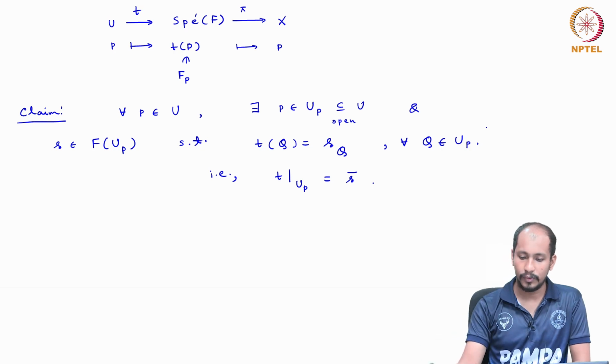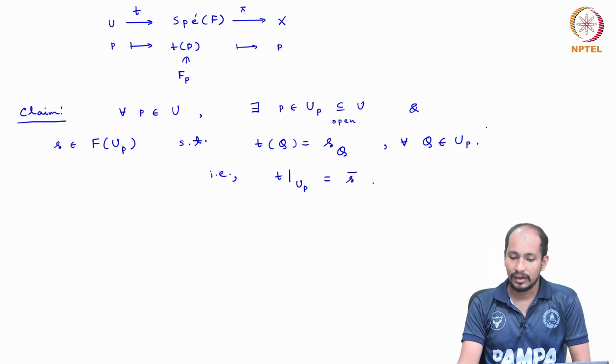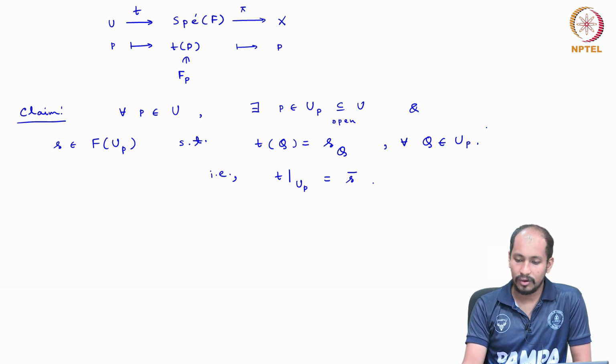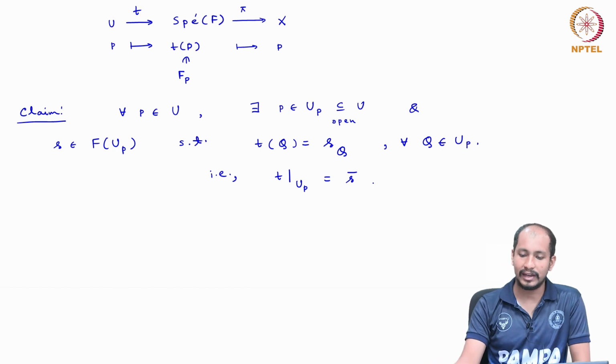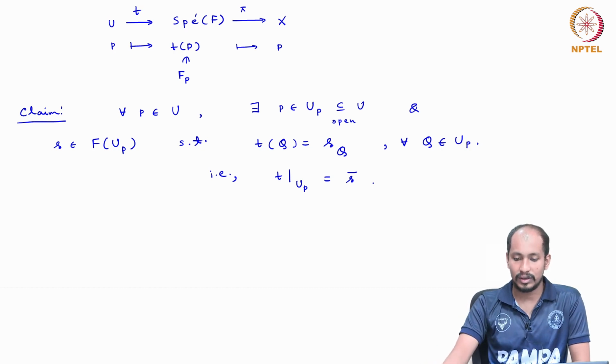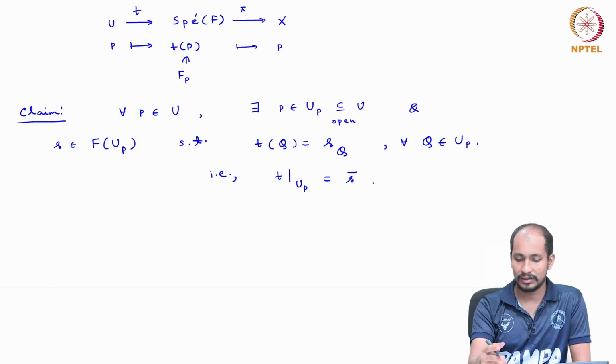I am also not going to prove this. I will give you a hint. This will follow from the topology of this Etale space. The topology is the strongest topology such that the sections are continuous.